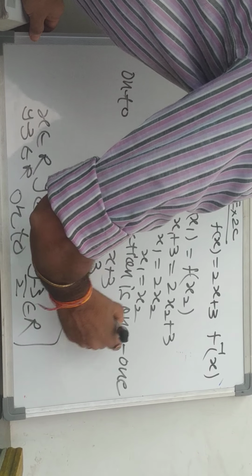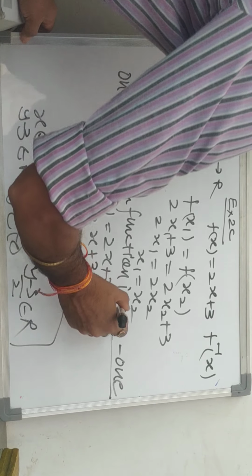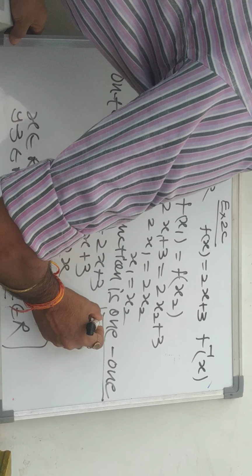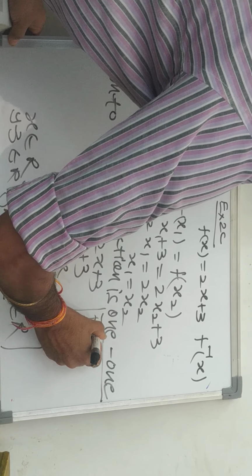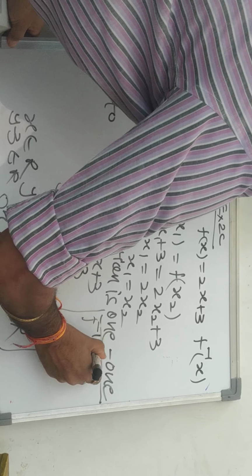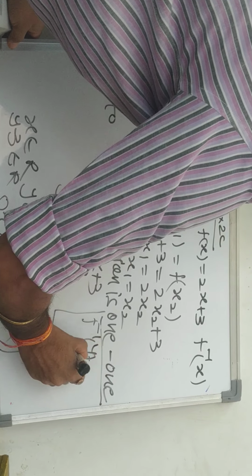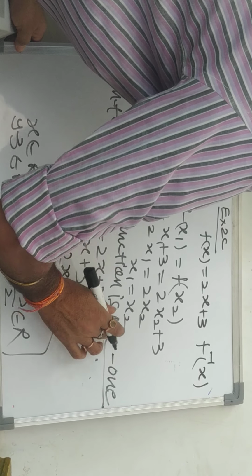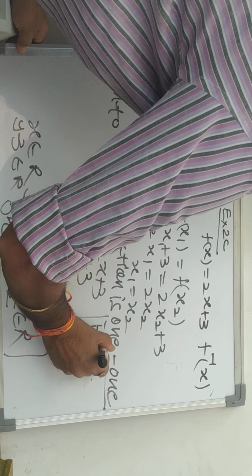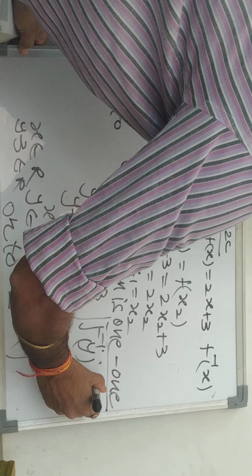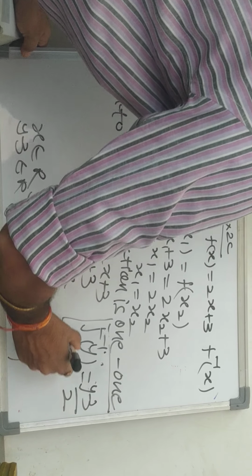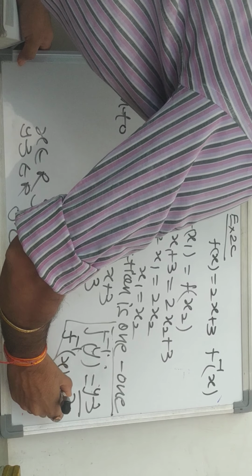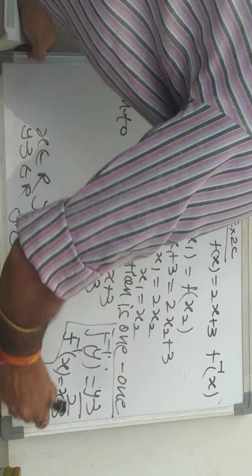To find the inverse, x is equal to f inverse y. We put f inverse y in the place of x, then f inverse y is equal to y minus 3 upon 2. Now we have to replace y by x, then f inverse x is equal to x minus 3 upon 2.